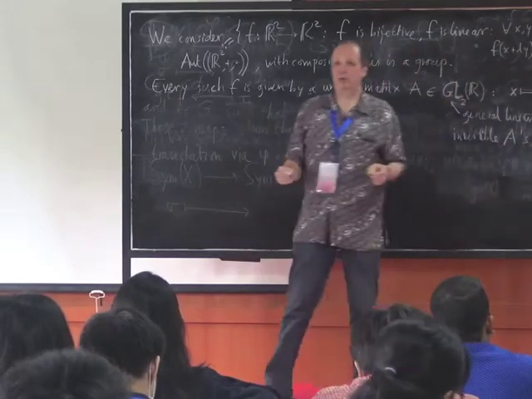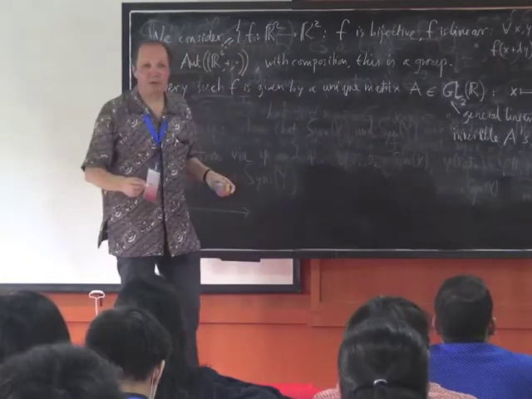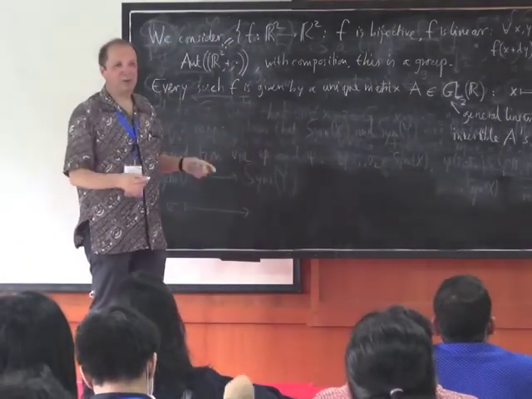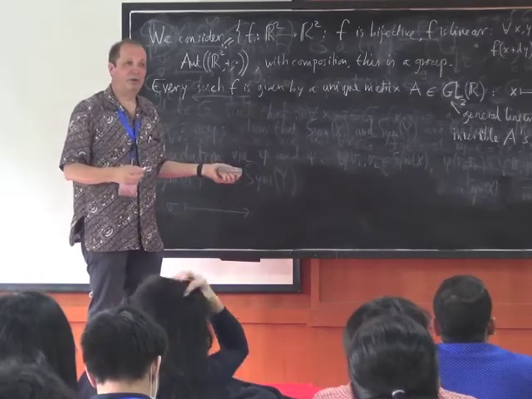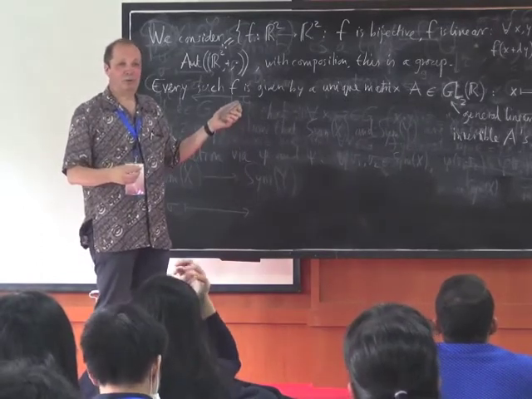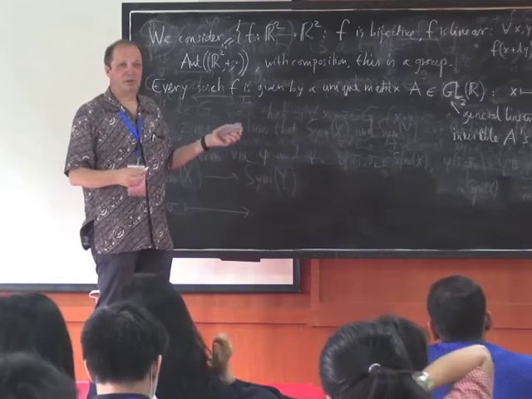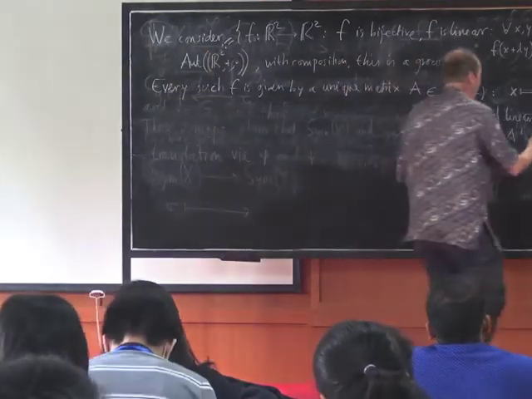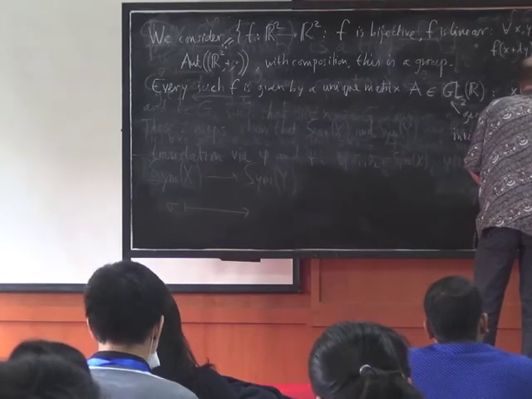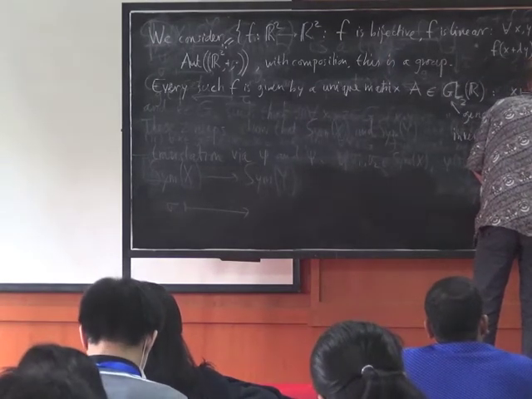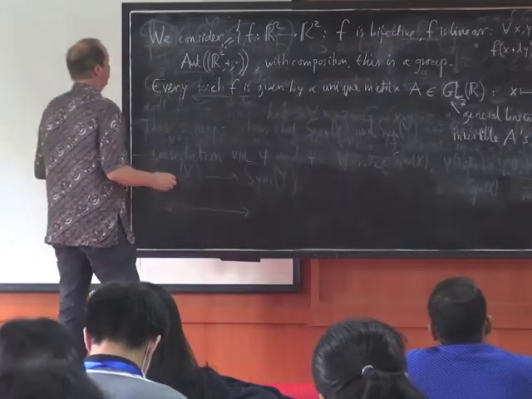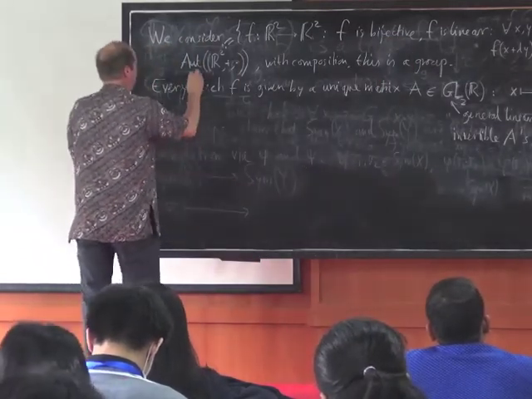And maybe you like to be reassured that a 2x2 or an n-by-n matrix is invertible. You have a criterion for that in terms of the determinant. It means that the determinant of A is not 0. Then the matrix has an inverse. So this group is isomorphic.